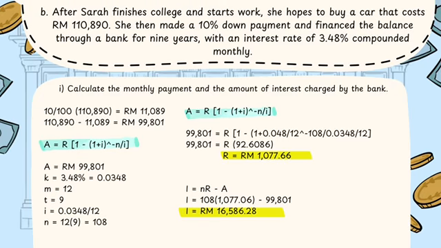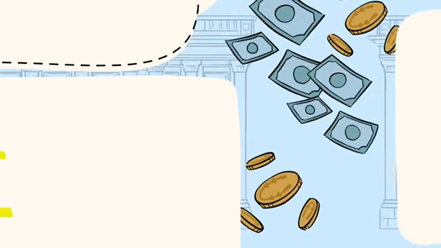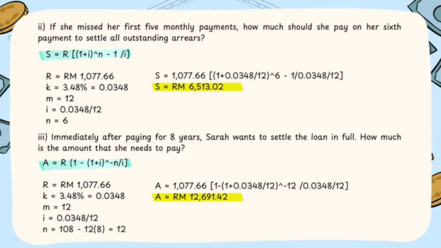So the formula is S equals R times ((1 plus I) to the power of N minus 1) divided by I. Solve the calculation in the bracket: (1 plus 0.0348 divided by 12) to the power of N minus 1, divided by 0.0348 divided by 12, and multiplied by R, giving 1077.66.